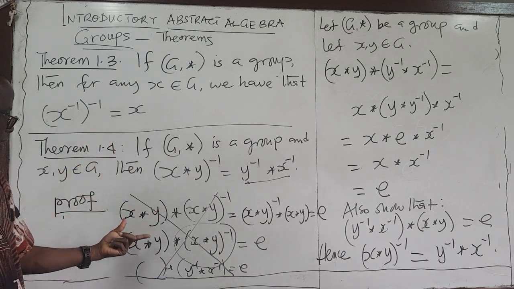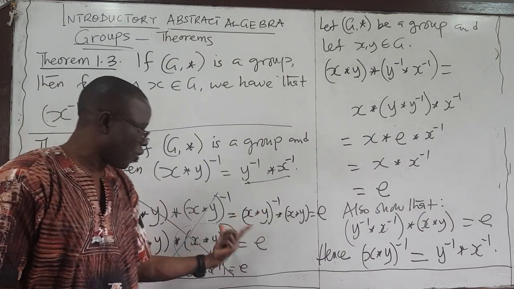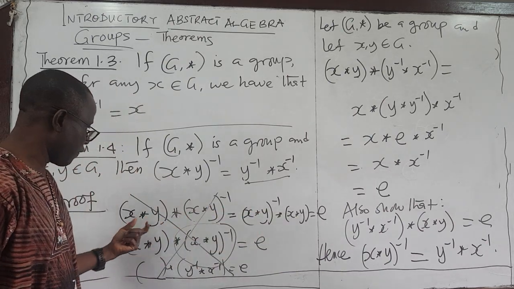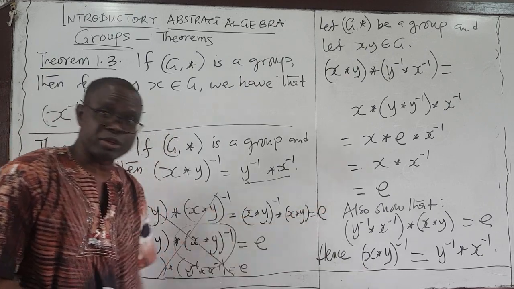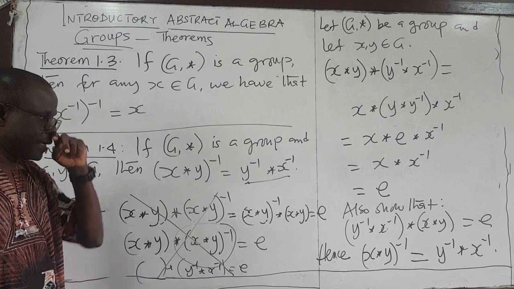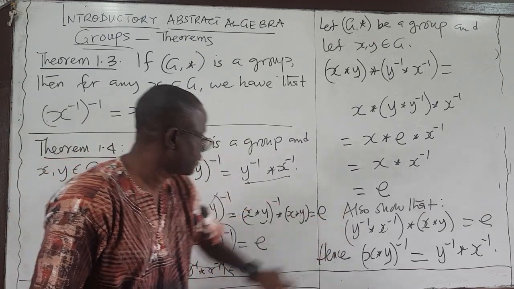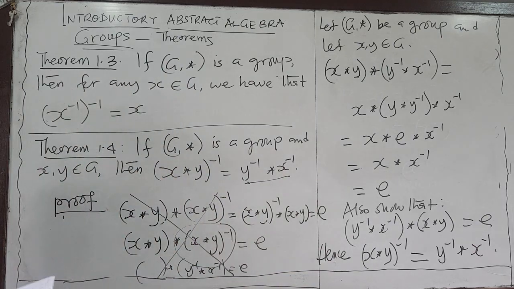We assume that it's an inverse if both of these hold; both of them must be present for you to see that one of them is the inverse of the other. Okay, that's why you need to do this side as well. Okay.